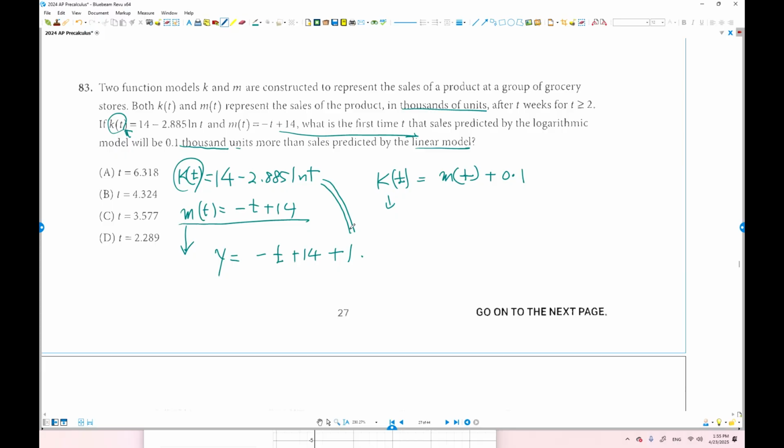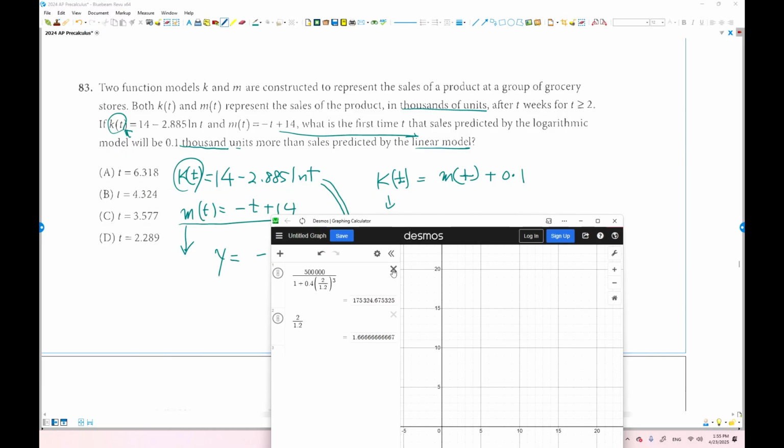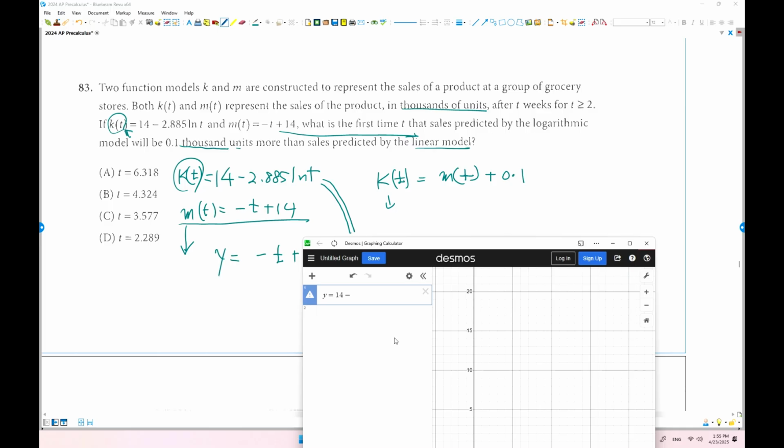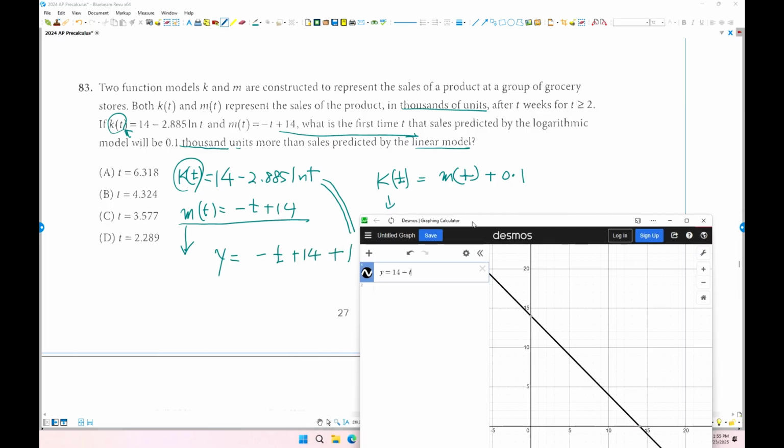So you're going to use two graphs over here. For the linear one, Y equals 14 minus t, it doesn't matter, and plus 1.